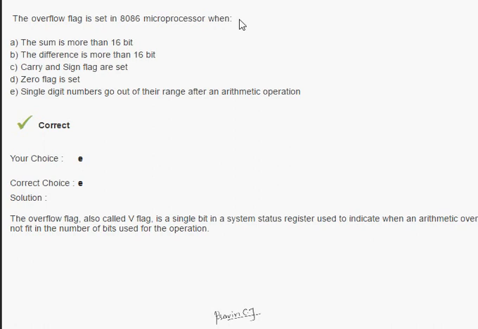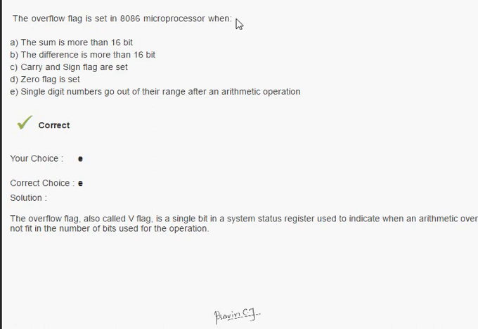Definitely going out of range means an overflow type of condition. Even if you don't have knowledge of the 8086 microprocessor, in a general way you can click option E, because it is going out of the range of the arithmetic operation, then the overflow flag is set.